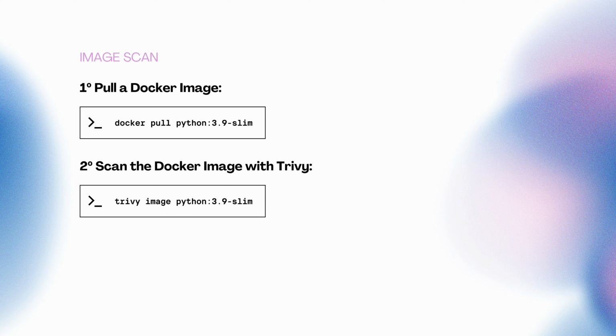The command for this will be trivy image python and then specify the version of the selected app itself. And then the actual tool, Trivy, will analyze the image layers and, in case any vulnerabilities are found, report back along with their severity levels.